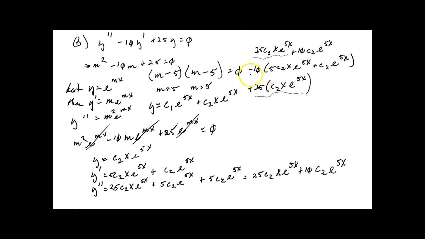That makes 50, but minus 10 times 5C2x e to the 5x, that's going to make minus 50. Those are going to add to 0. And then here we have 10C2 e to the 5x, and here we have minus 10C2 e to the 5x. Those two add to be 0, so sure enough, that is a solution.